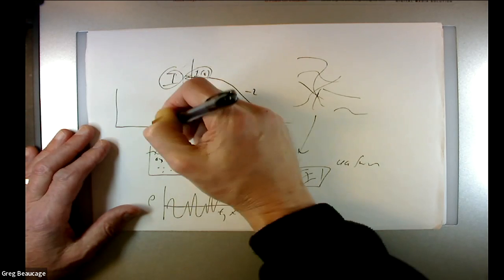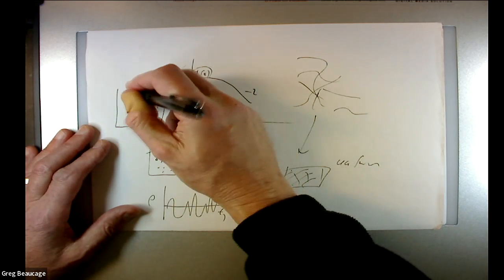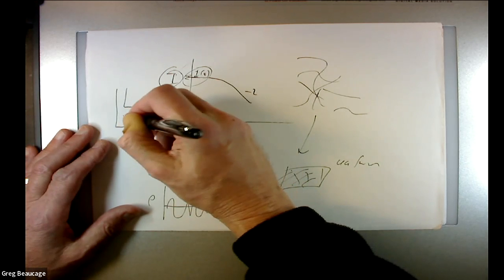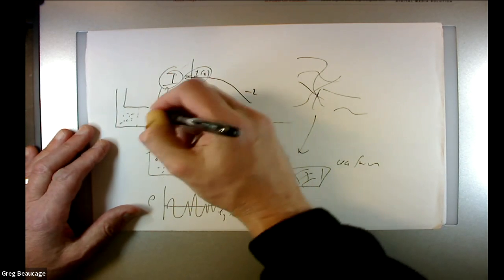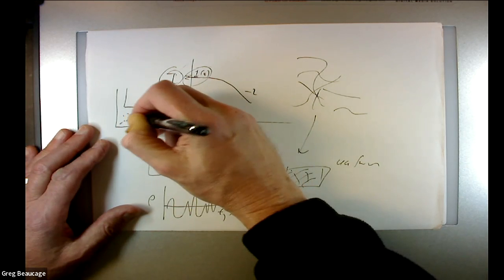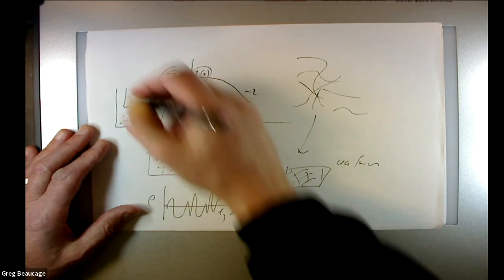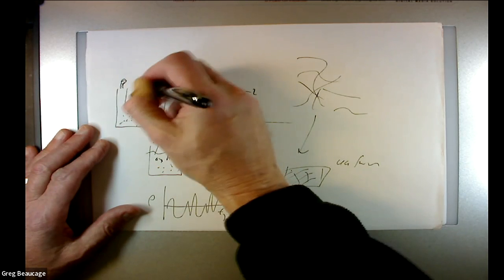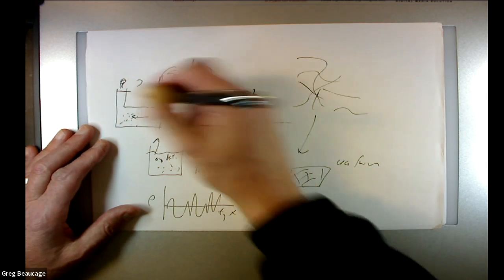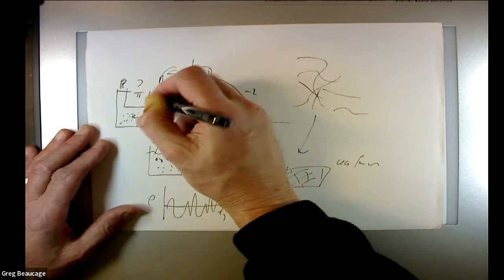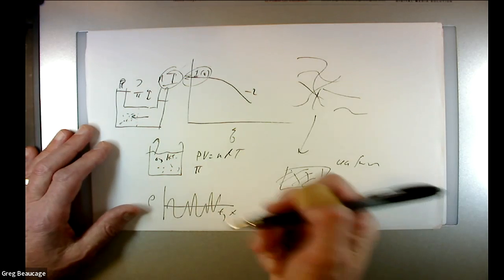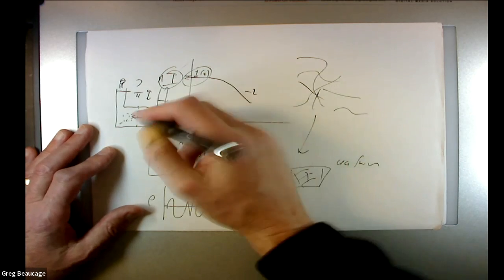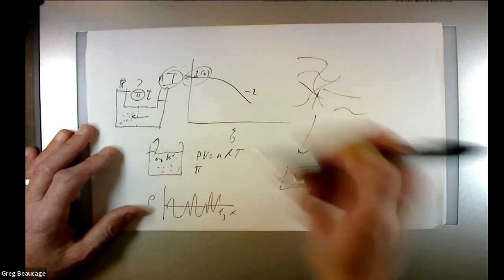You can build an osmometer, which is a semi-permeable membrane. You have your stuff on one side and the solvent on the other. The solvent wants to dilute the stuff, so the pressure here is bigger than the pressure there. So the liquid rises up, and pi is the difference between those two. You can build a little rig with a cellulose membrane stuck between two parts, and measure that pi.